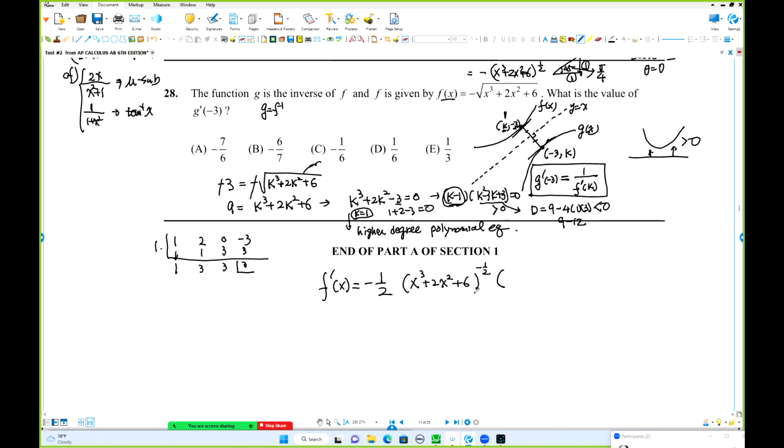After that we multiply by the derivative inside, using the chain rule: 3x squared plus 4x. So negative goes to the numerator, 3x squared plus 4x. The denominator is 2 times the square root of x cubed plus 2x squared plus 6. That is the derivative. This one is a hard one.